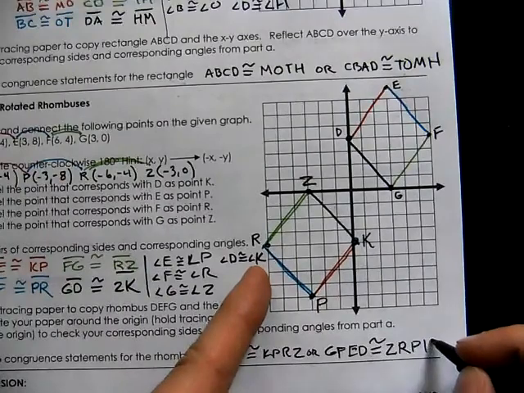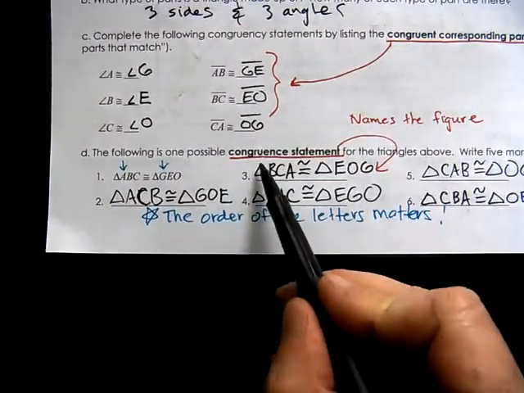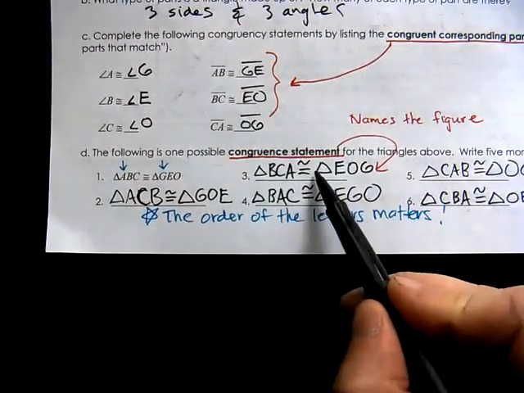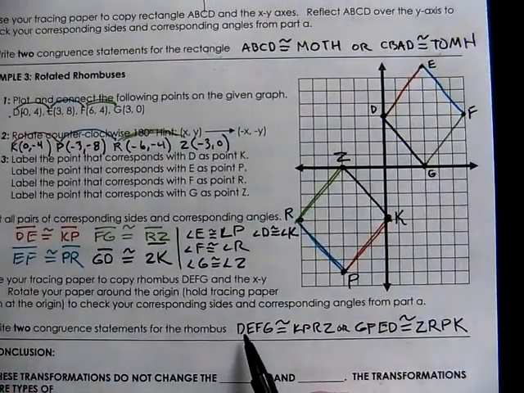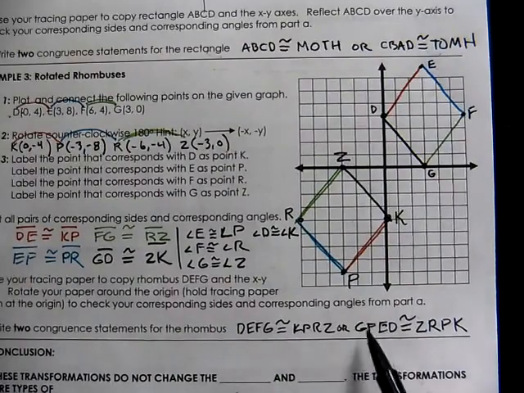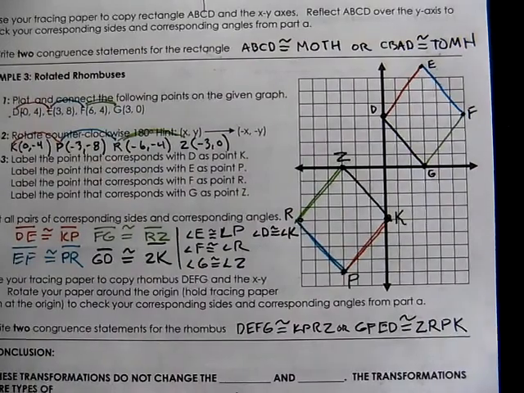So notice also that when we are naming figures, with naming triangles, we put the little triangle symbol in front of the three letters, but if we're naming another kind of polygon, like a rectangle or rhombus, there's no special symbol for those. There will be a special symbol for parallelograms, but we'll learn about that in a future unit.